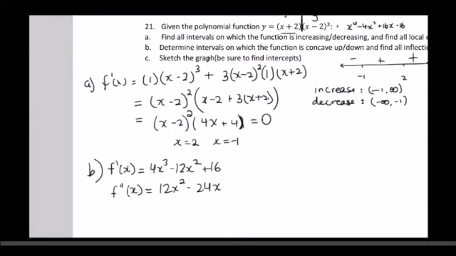So then that's pretty easy to solve for 0. If we set that equal to 0, take out a 12x, that's going to leave x minus 2. So then we're going to have x equals 0 and x equals 2 there.